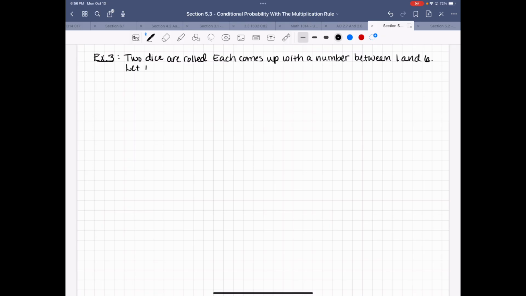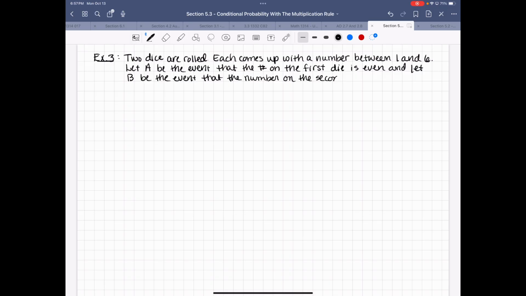Let A be the event that the number on the first die is even, and let B be the event that the number on the second die is 6.